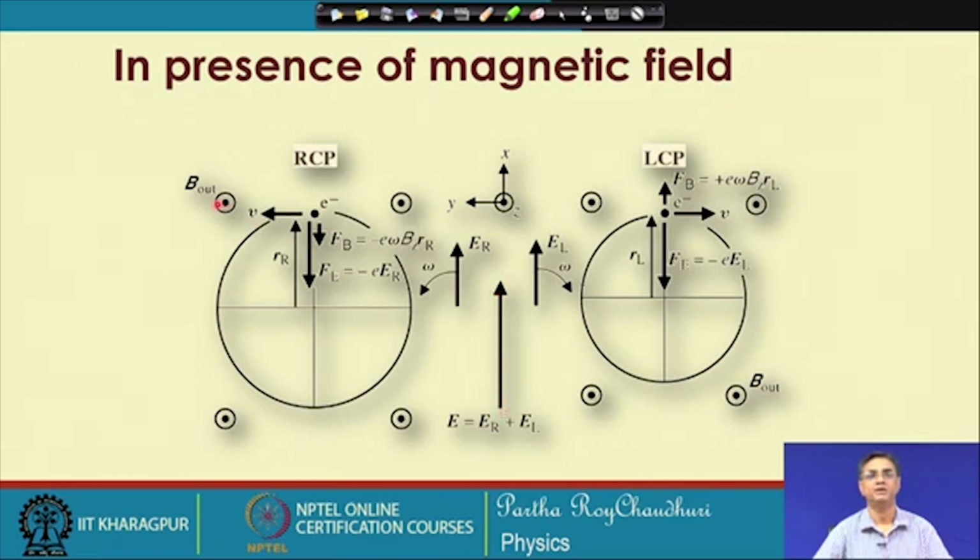You have magnetic fields which are perpendicular to the plane of this paper, and then because of the magnetic field, the electron will experience this additional Lorentz force, which is electron charge e omega b and then r for L. In this case it will be minus e omega b r for R.